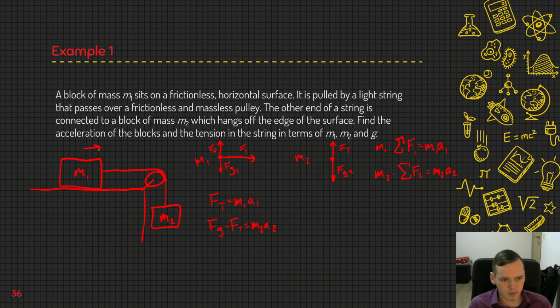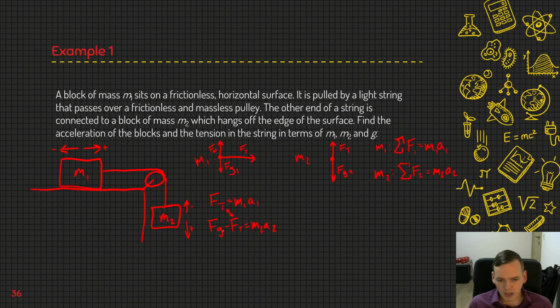This is because I'm going to assign positive to the right, negative to the left, positive down, negative up, just because I expect it to go to the right and down. Now, we know that Ft is the same for both of these because it's the tension force in the string, and tension force is constant throughout.